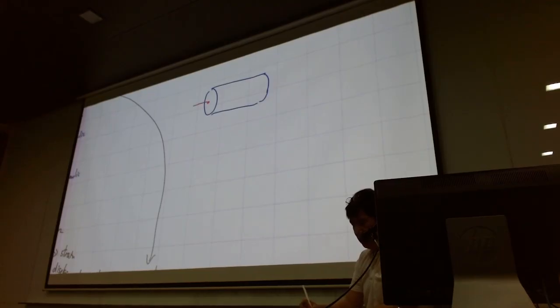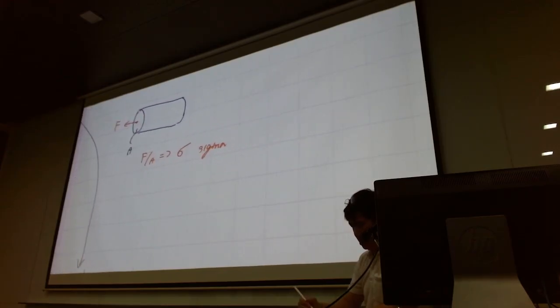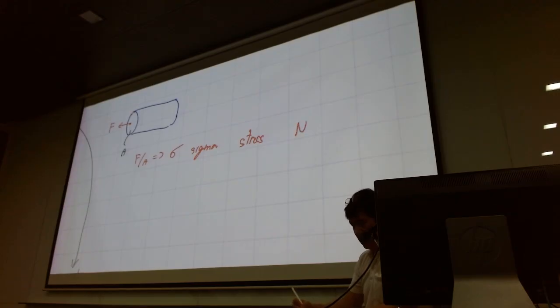calculation. So if you have the force, for example, this force, and say this is the area, the force divided by the area, we call it a stress, sigma, or stress. So the units that we usually take is going to be Newton per area.